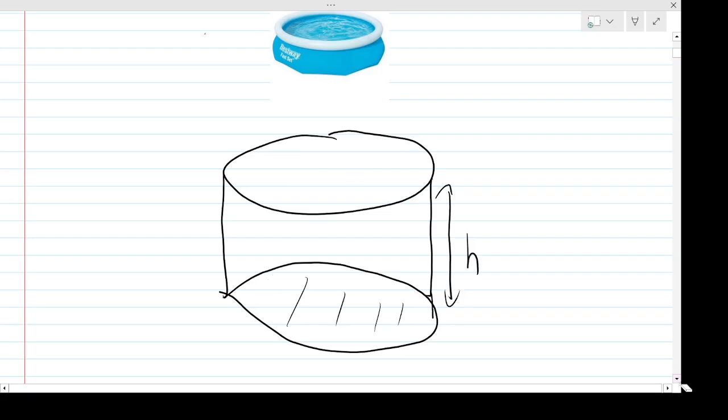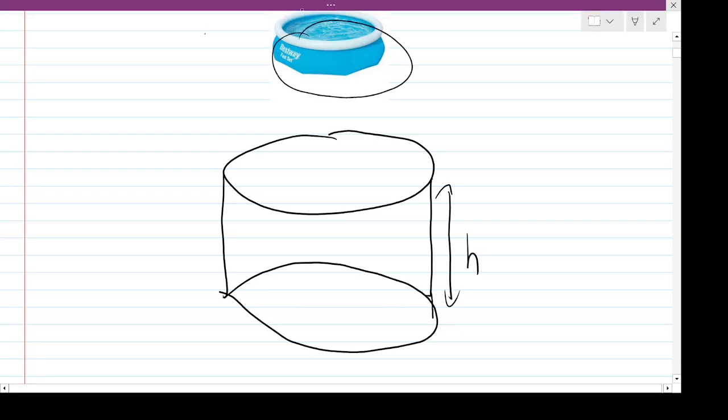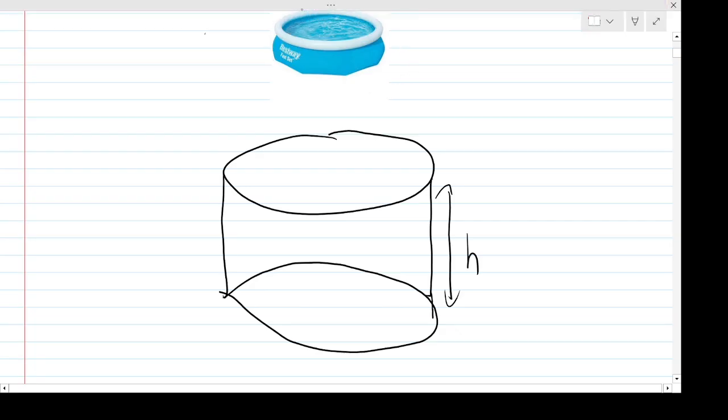So the idea is, obviously, we fill water into my paddling pool, and then at the end the shape expands. Originally a swimming pool is just flat, and it doesn't really have much shape to it, it's kind of limp. But then as we fill the pool up with water, the shape expands and it becomes more like a proper circle. It fills up, so it rises, and it starts to form a proper shape.